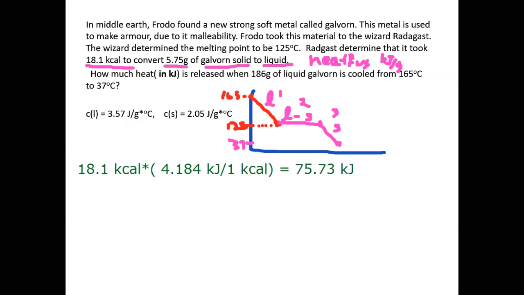So now we take that 75.73 and divide it by the mass, 5.75, and that'll give us the heat of fusion in kilojoules per gram.